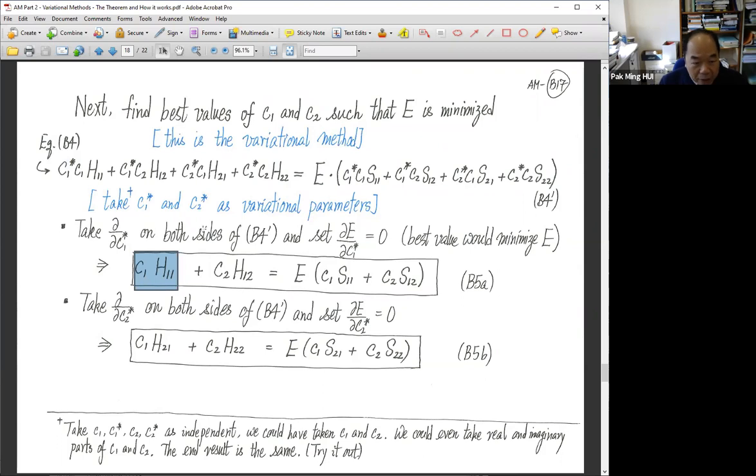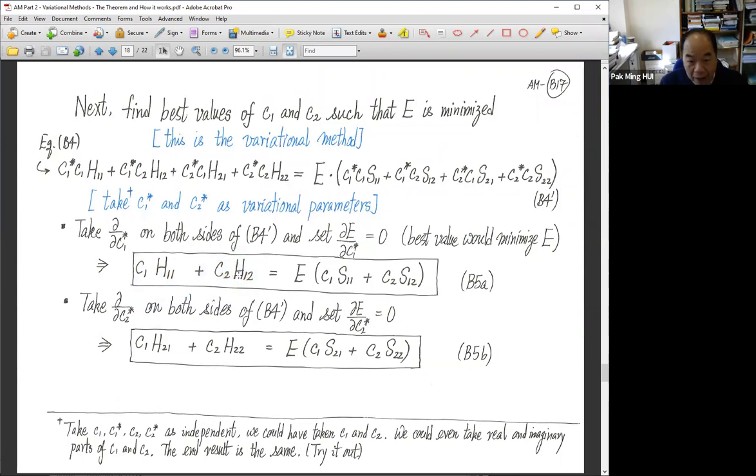The second term has something to D, you pick up this. The third term, you don't have C1 star, it is 0. The fourth term, you don't have C1 star, 0. Therefore, left-hand side, you have that. Follow me?